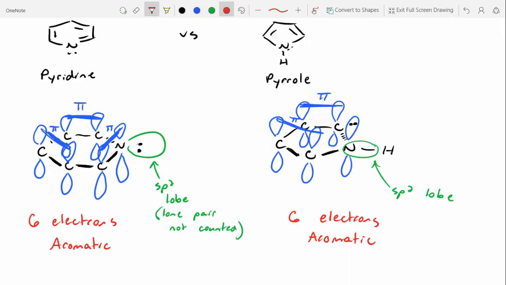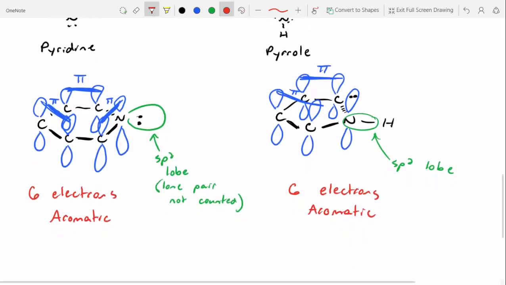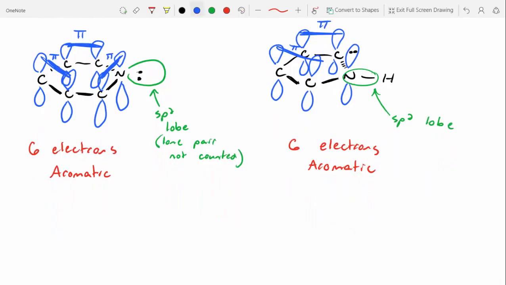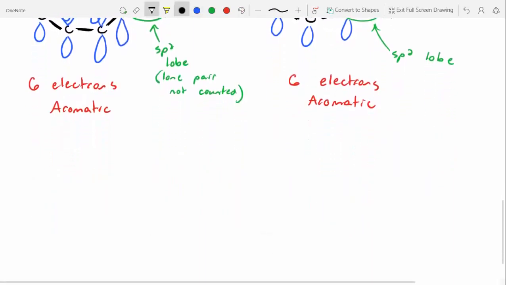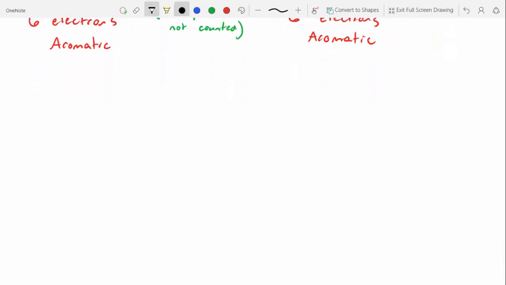So if we think back to our previous example where we had that negative charge, we'll do one last one. We've got this negative charge up here. That means if we were to draw this out, we'd have carbon, carbon, carbon, carbon, carbon.